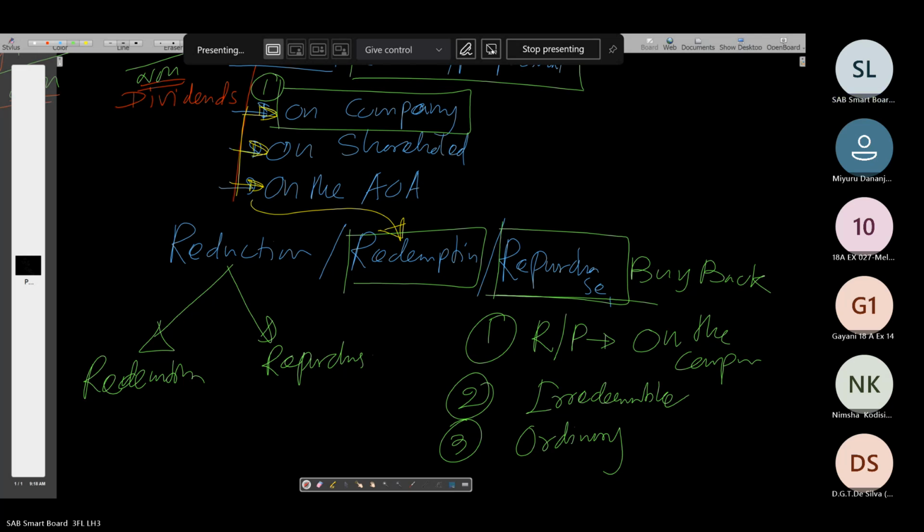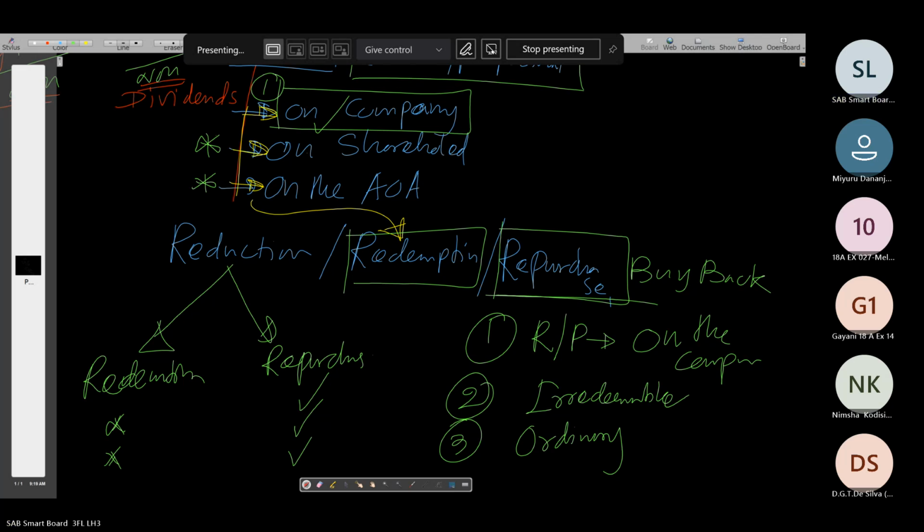This one is already included here, so apart from that, these two we can identify here. And under repurchase, we have already included this one and the other two shares. Altogether, there is reduction of stated capital.